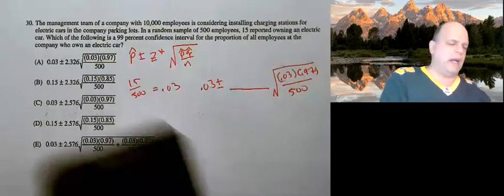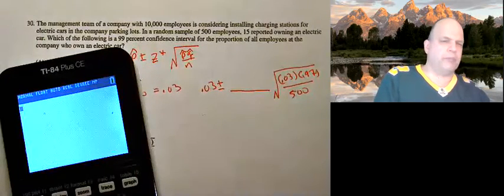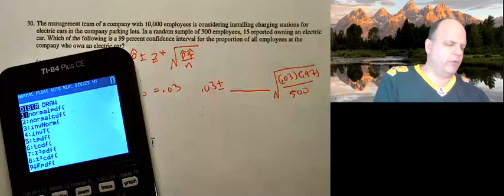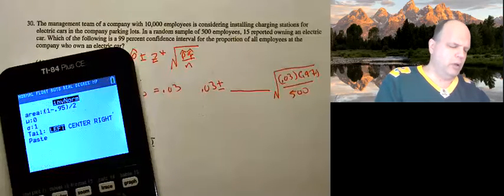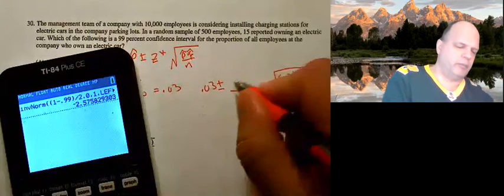And now we need to go back and calculate z star. So second vars, inverse norm, parenthesis, 1 minus 0.99, close parenthesis, divided by 2. 2.576.